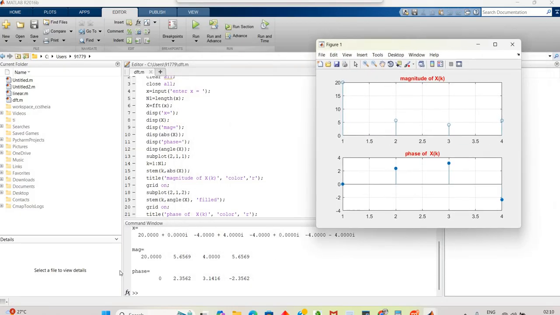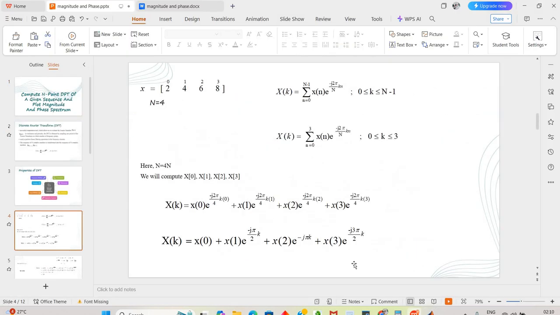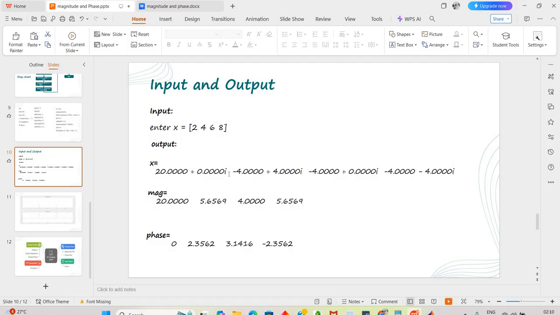So this is what you are getting, X is equal to 20 plus 0i, minus 4 plus 4i, then minus 4, then minus 4 minus 4i.